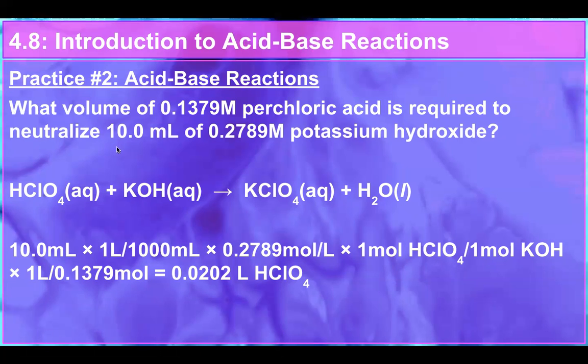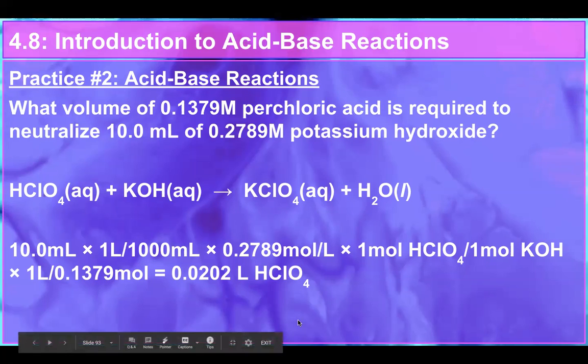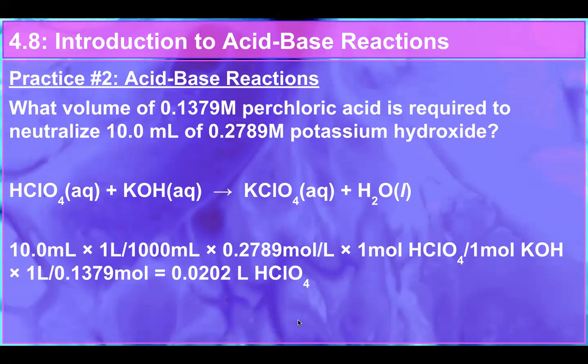So take our known 10 milliliters, convert that into liters, then convert that into the number of moles of potassium hydroxide that we have. Use the mole ratio that we have here, and then divide by the molarity, and that will give us the number of liters that we would need of perchloric acid. Okay, so that's all written out here. And you would need 20.2 milliliters or 0.0202 liters of perchloric acid.